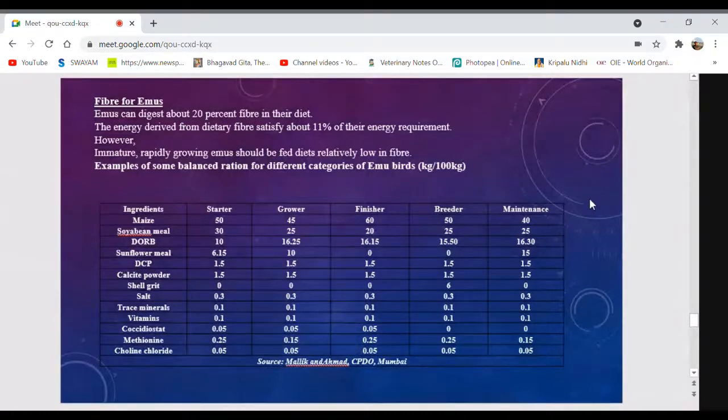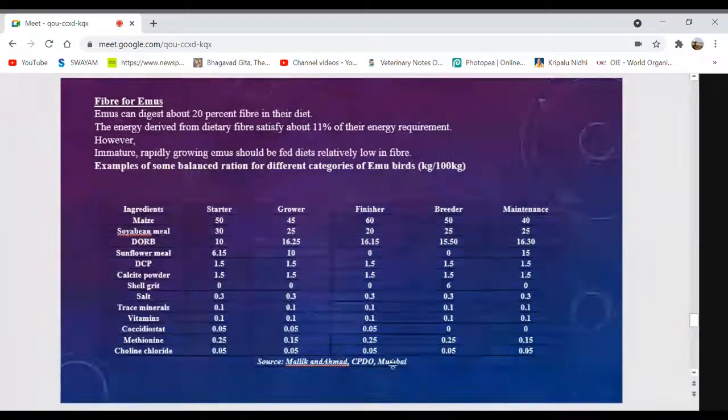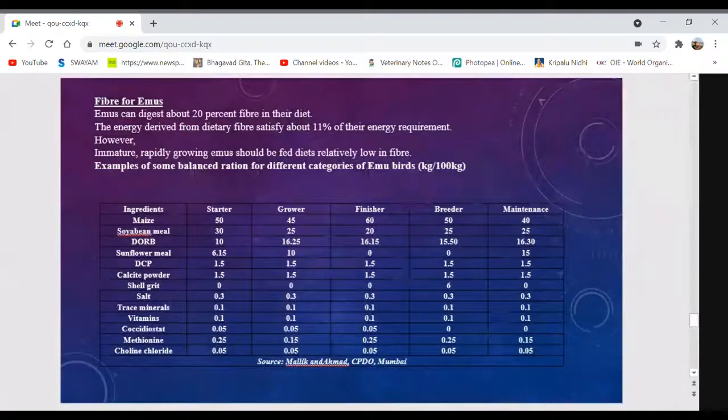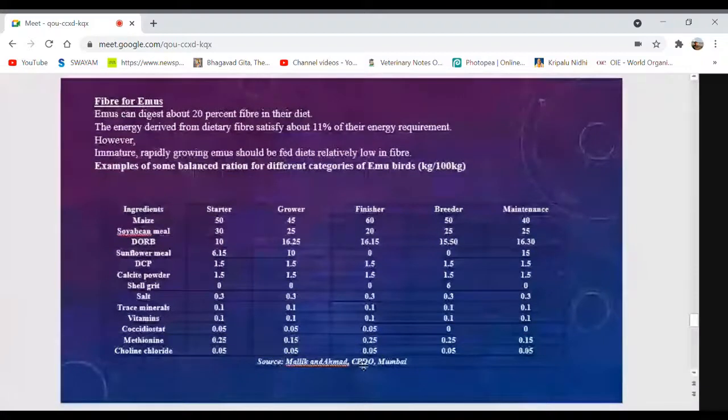Immature, rapidly growing emus should be fed a diet relatively low in fiber during the earlier stage. Examples of some balance rations: this balance ration is also given by CDPO, Central Poultry Development Organization, Mumbai, for starter, grower, finisher, breeder, and maintenance.